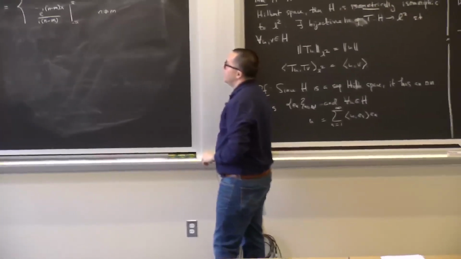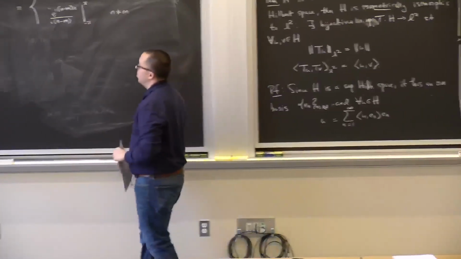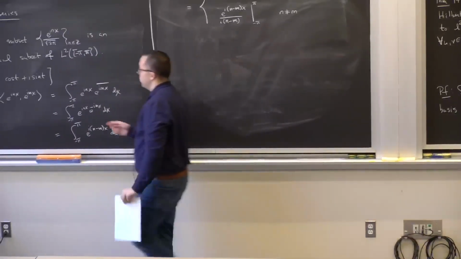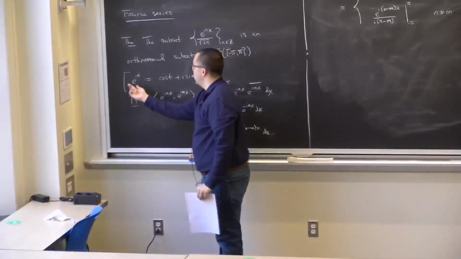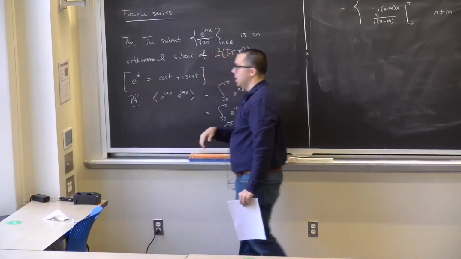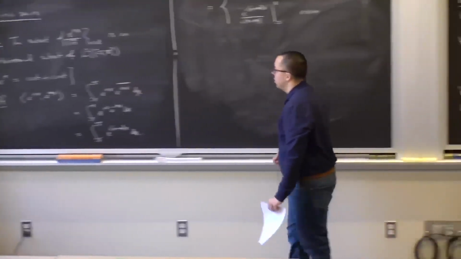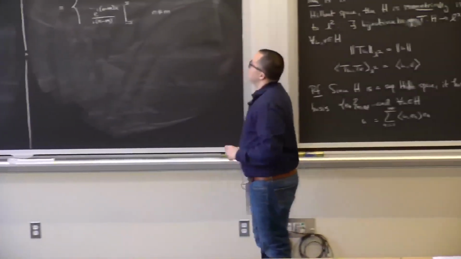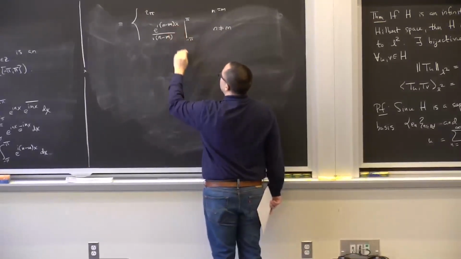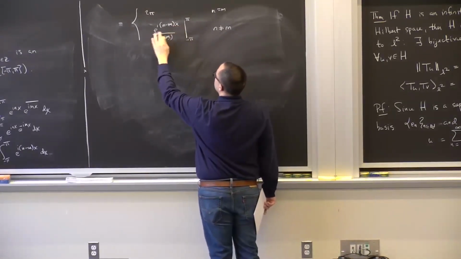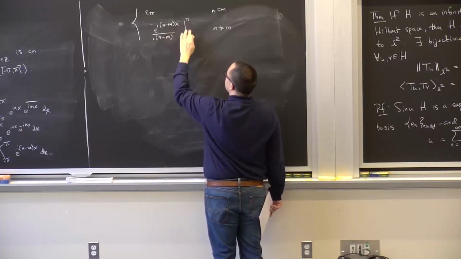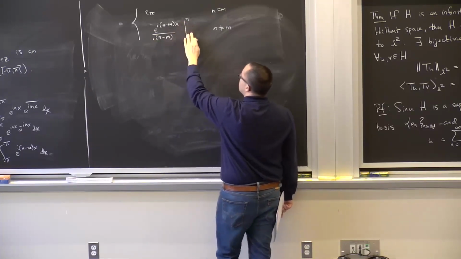All right? Now, what is it about e to the ix? This thing is 2 pi periodic, and if I have an n here, then that's going to be 2 pi over n periodic. So if I stick in pi here, the value I get is going to be the same as when I stick in minus pi here, because the difference between these two values is 2 pi.